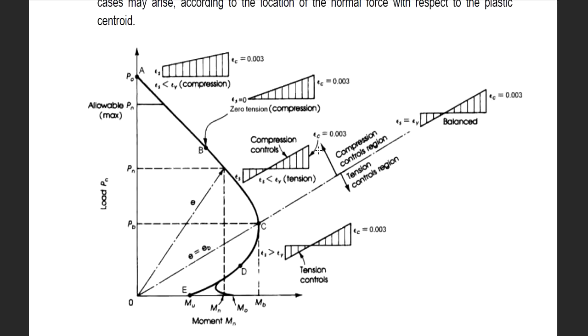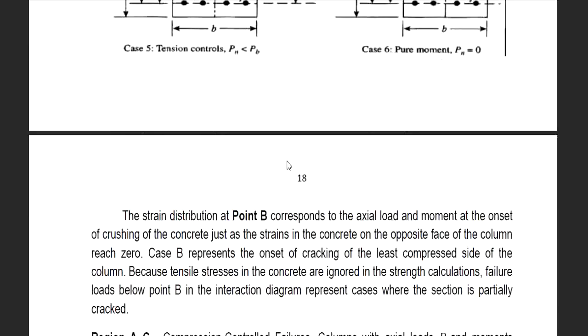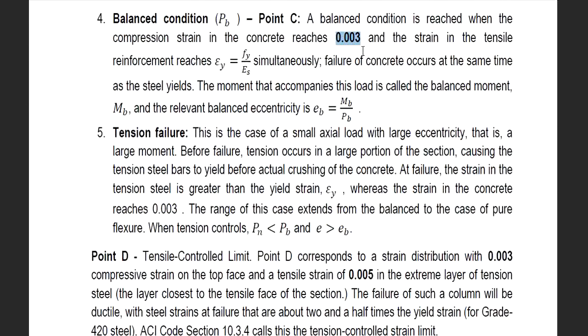It is going to reach the maximum value, but you can see here as it reaches maximum value of 0.003 and strain in tensile reinforcement. So strain in concrete reaches maximum value and strain in tensile reinforcement is going to reach the maximum value. The failure of concrete occurs at the same time as steel yields.